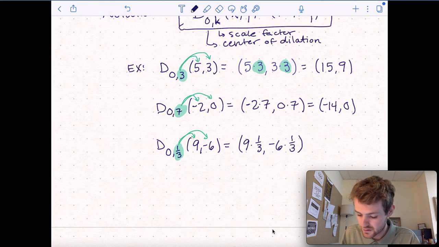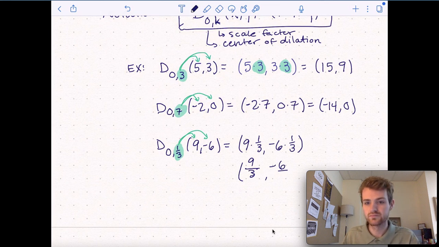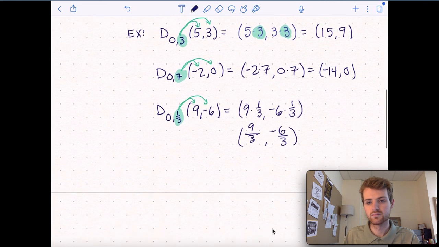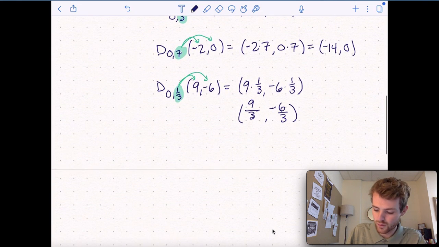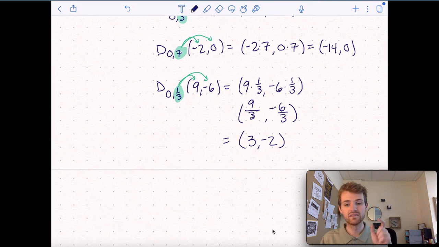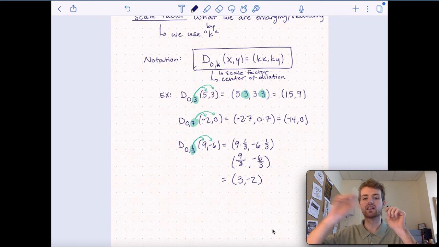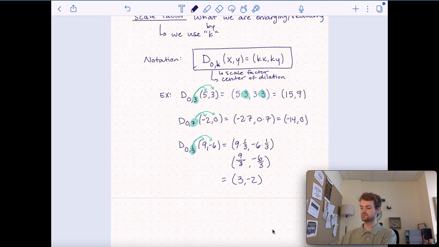That becomes 9 divided by 3 and -6 divided by 3, which then will equal (3, -2). So even though it's a fraction, we still do the same process. So that's the first thing today, is just getting comfortable with that process of multiplying in.